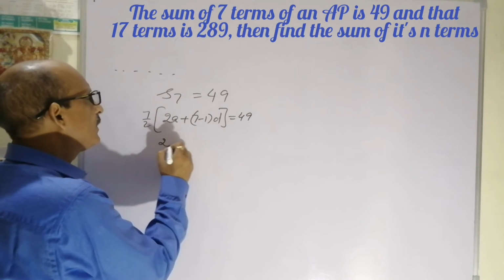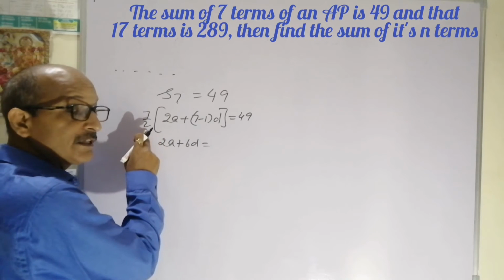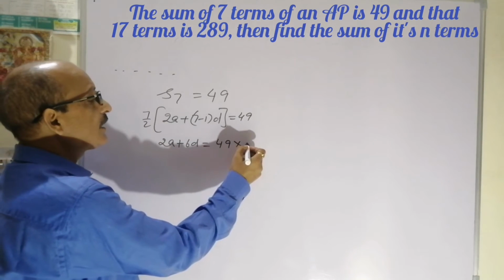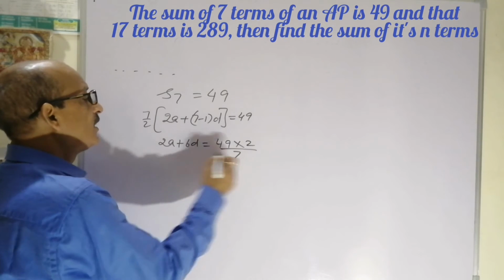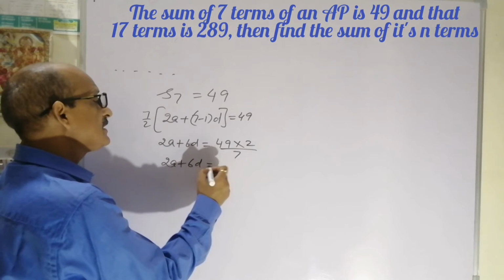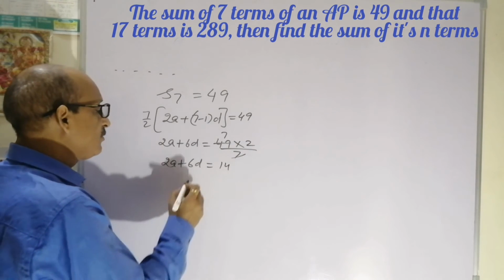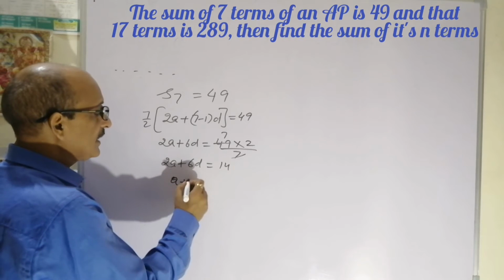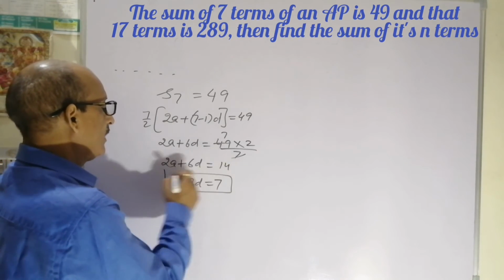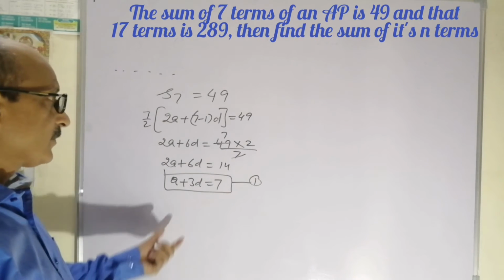So we can have 2a plus 6d, that is equal to 49, and this 7 upon 2 will be shifted from left to right, so it gets reversed: 2 by 7. That is equal to 2a plus 6d equals 7 times 2, and it is 14. We can further reduce to get a plus 3d equals 7, every term divided by 2.